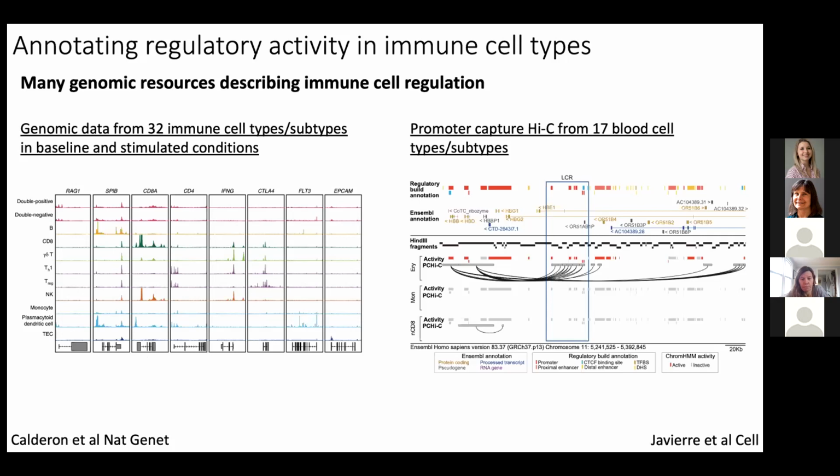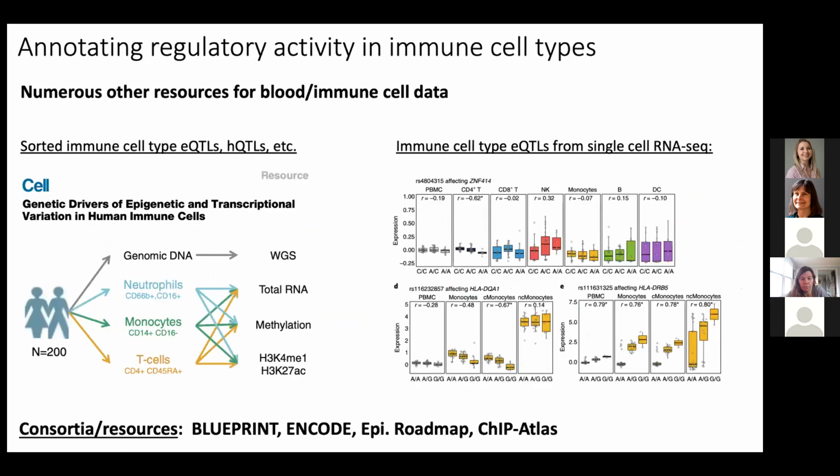This is also part of the Blueprint Consortium. Other studies include QTLs that have been derived in sorted cell types, T cells and monocytes, for not just chromatin, but expression and histone modifications on the left, and then also on the right, eQTL studies of individual immune cell types derived from single cell RNA-seq.